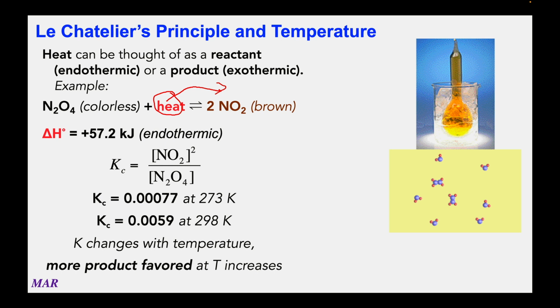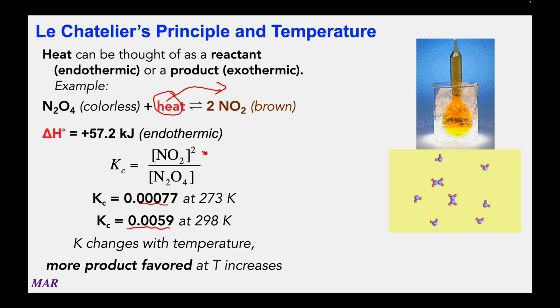So going from 273 to 298, that's like adding heat. You're making the reaction warmer. And in this case, then, you're going to have more NO2 and less N2O4. And in the equilibrium expression, that means more NO2 and less N2O4. And that means your K value will be larger at the warmer temperature than it is at the lower temperature. And that's what we see.